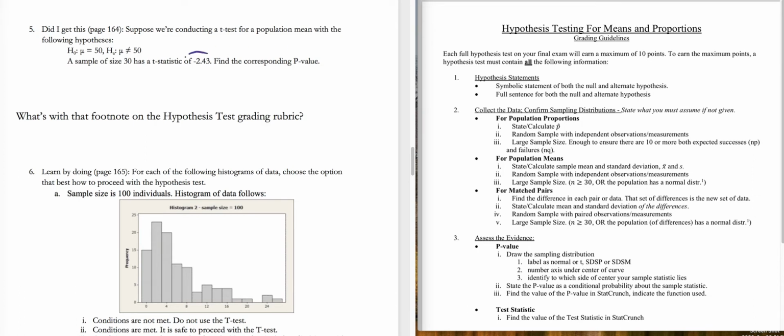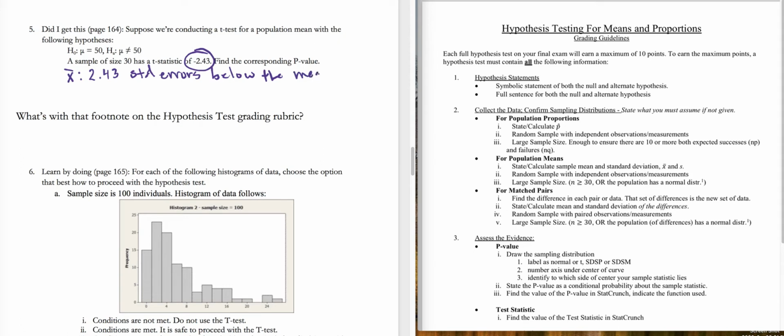So if this is our test statistic, negative 2.43, that means that in the t distribution of x bar values, our particular x bar value, whatever it is, happens to be 2.43 standard deviations, which we know is called standard errors in this application, below the mean because it is negative.